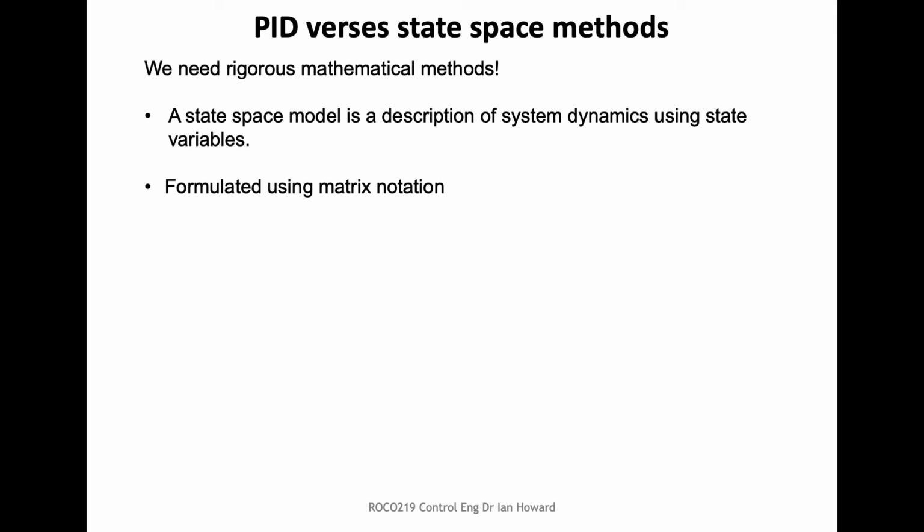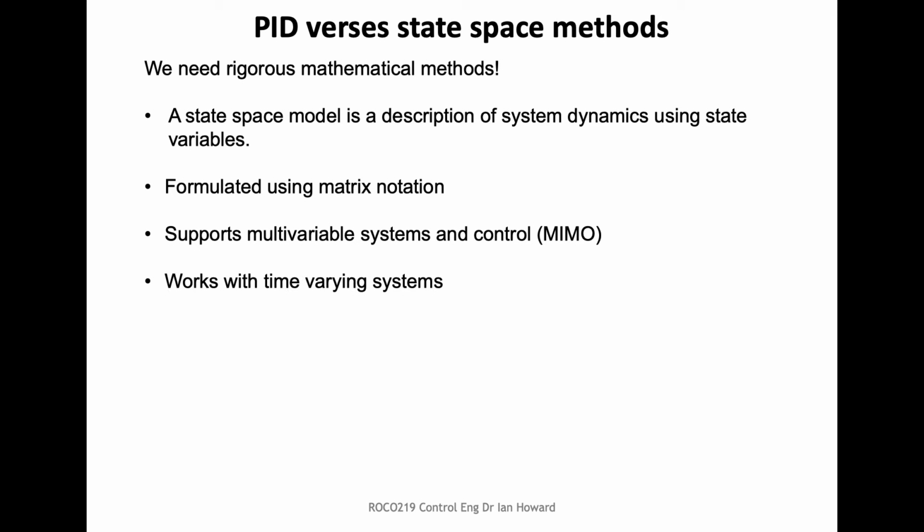So we can take into account hidden states that we normally wouldn't be able to capture with transfer function models. We can represent systems using matrix notation, analyse them using linear algebra, and this is going to support multi-inputs and multi-outputs.